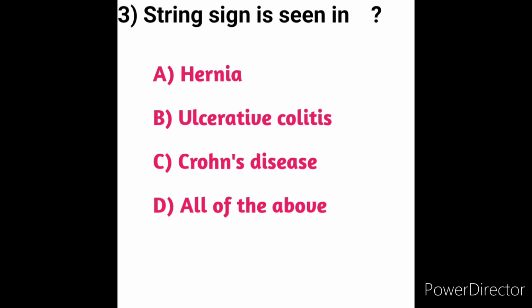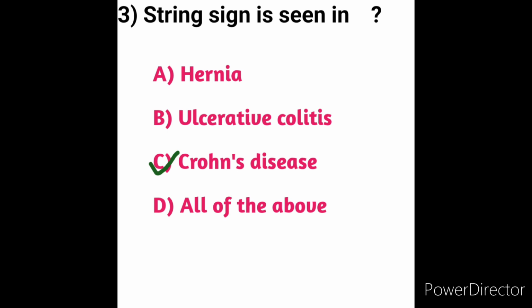String sign refers to luminal narrowing as the result of inflammatory edema, irritability, spasms, and fibrosis classically associated with Crohn's disease. So here string sign is seen in Crohn's disease. Option C is the correct answer here.